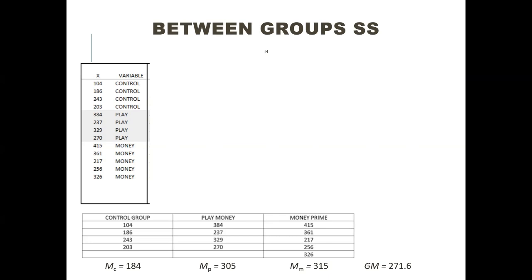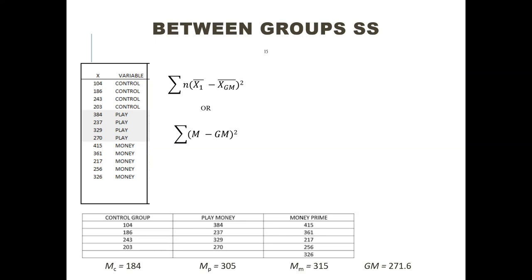My data points for the control group are 104, 186, 243, and 203, and I have control next to them. And then for the play money, it's 384, 237, 329, 270, and for the money prime, it's 415, 361, and so on. This is going to be important because, again, we're going to be pulling our means for each group instead of each variable. So we want to keep that straight.